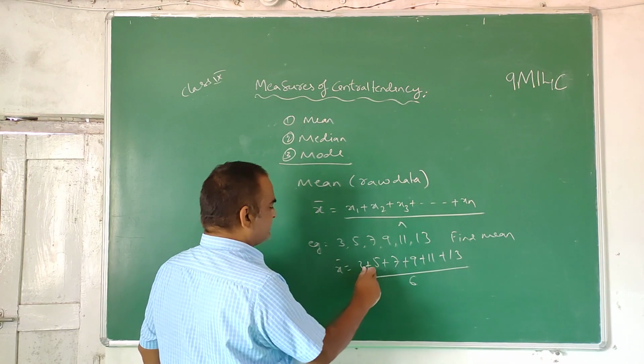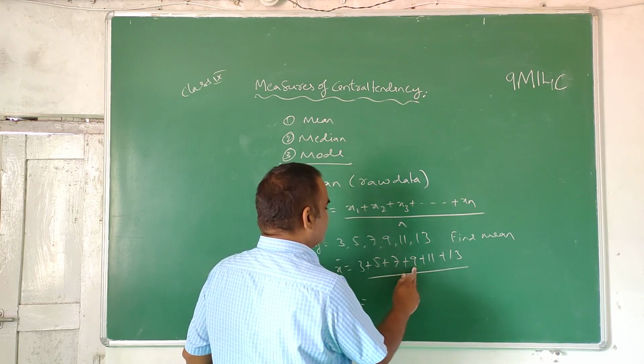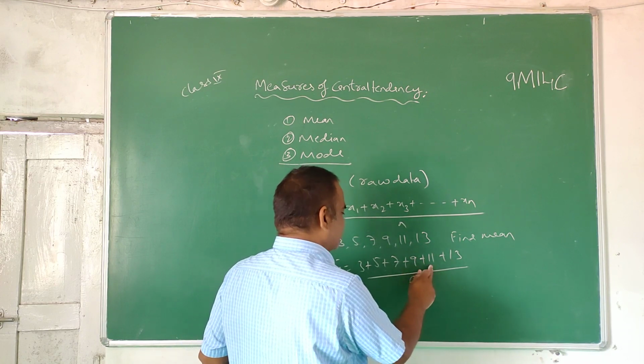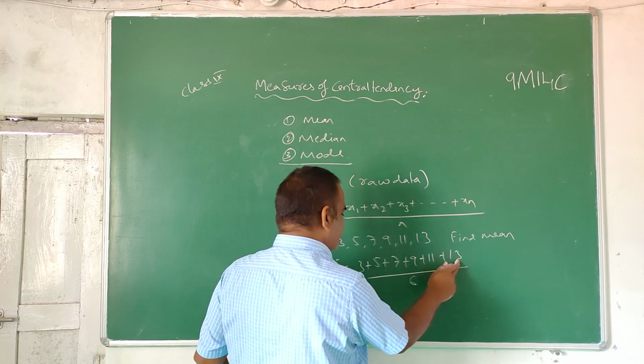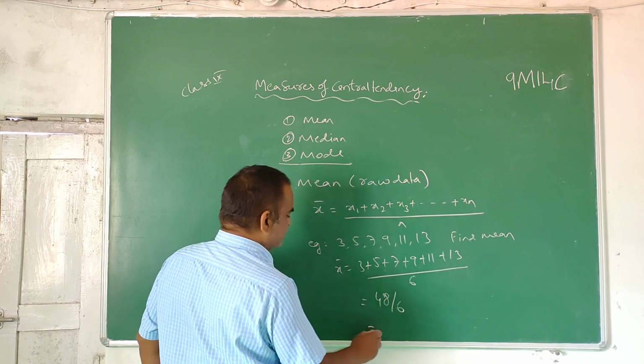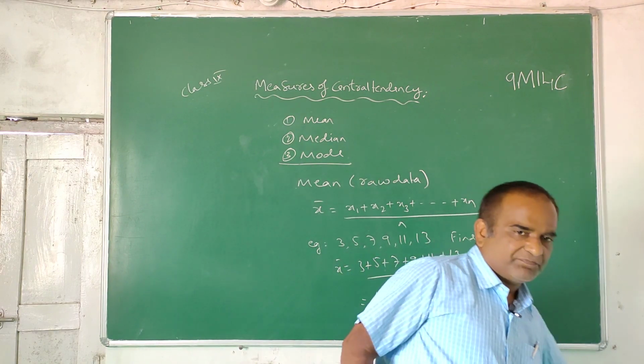If you add, 3 plus 5 is 8, 8 plus 7 is 15, 15 plus 9 is 24, 24 plus 11 is 35, 35 plus 13 is 48. 48 by 6 is 8. So this is the mean for raw data.